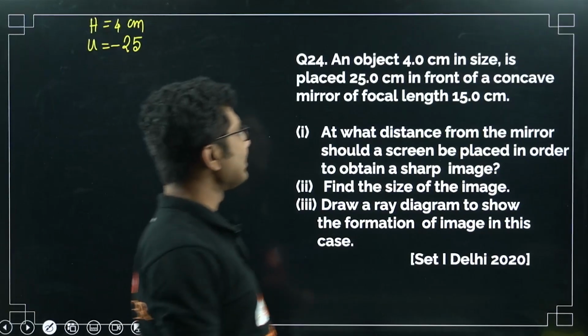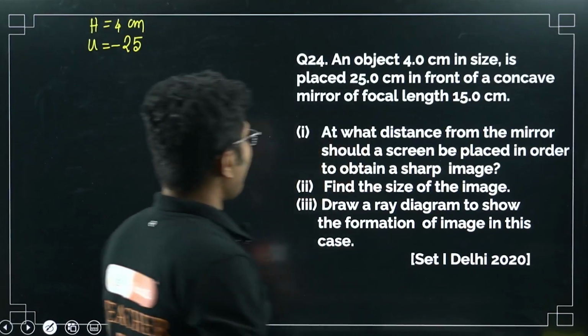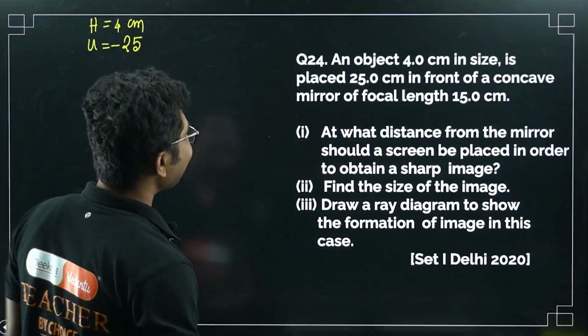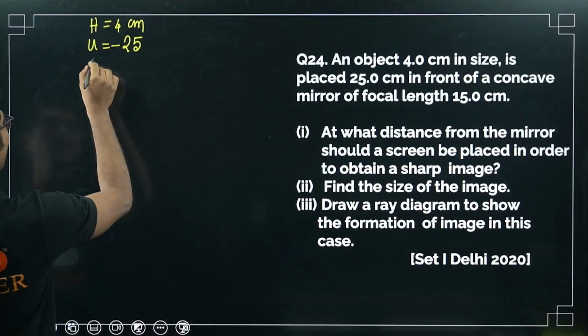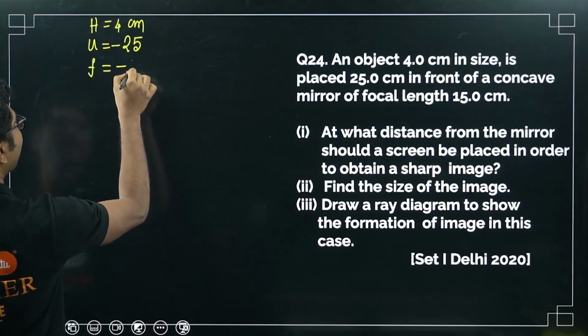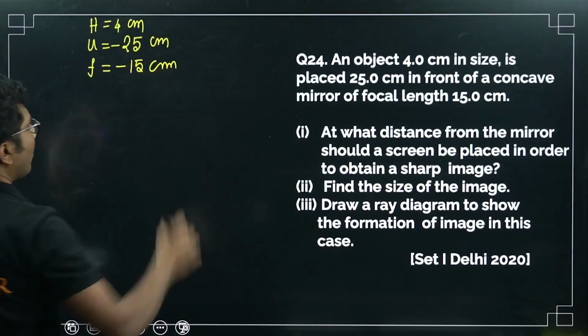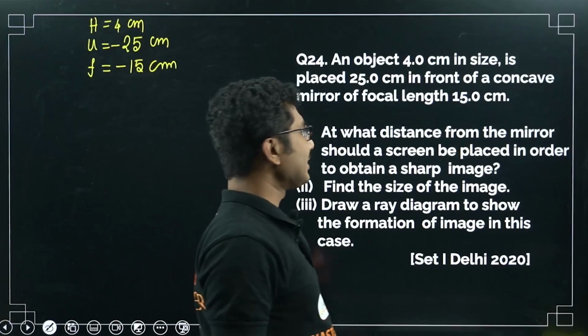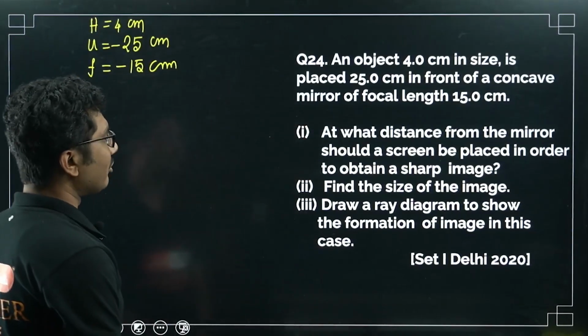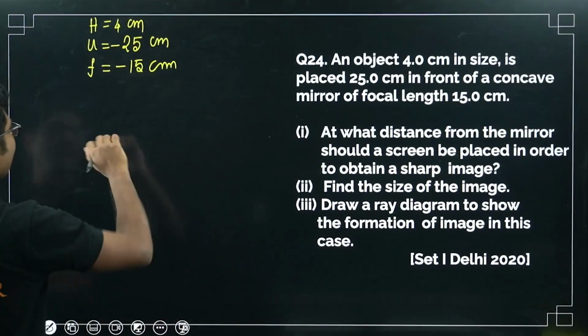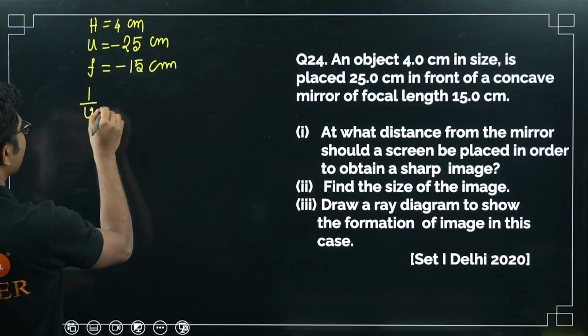Next is what? Focal length is 15 centimeter. Now concave mirror, so focal length will be negative. Now, at what distance from the mirror should a screen be placed in order to obtain a sharp image? So basically they have asked you to find the image distance.